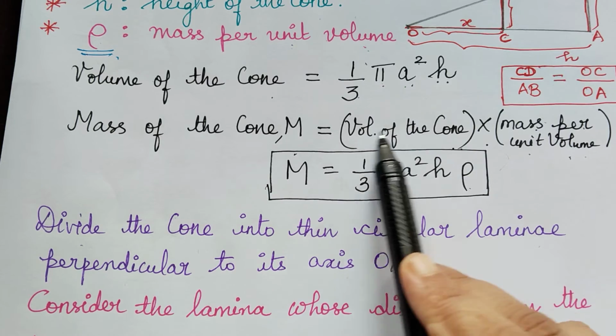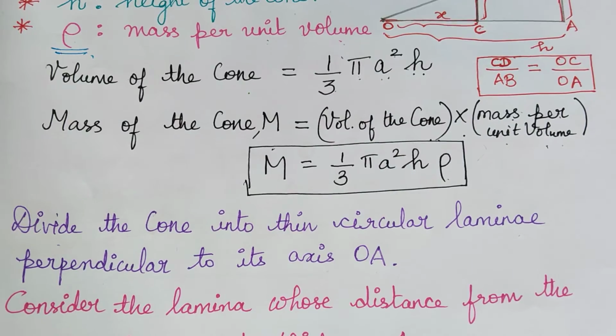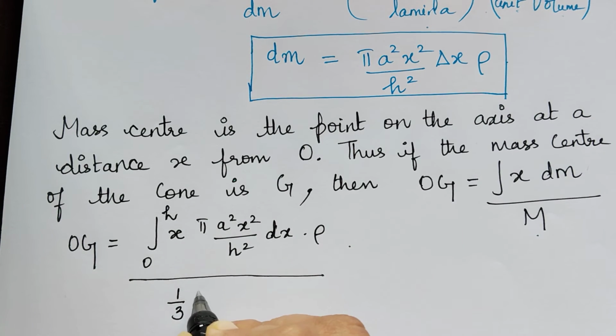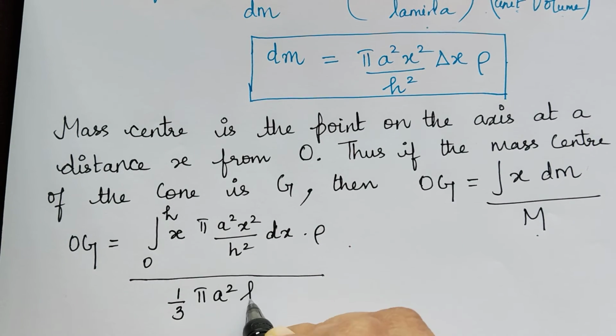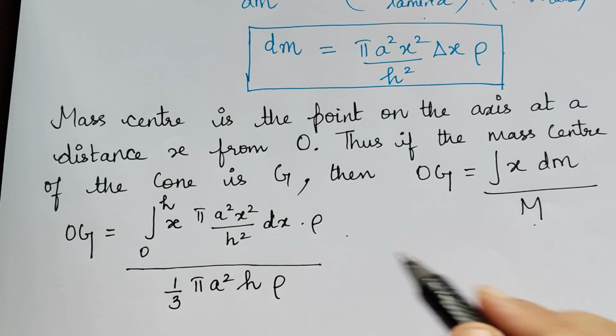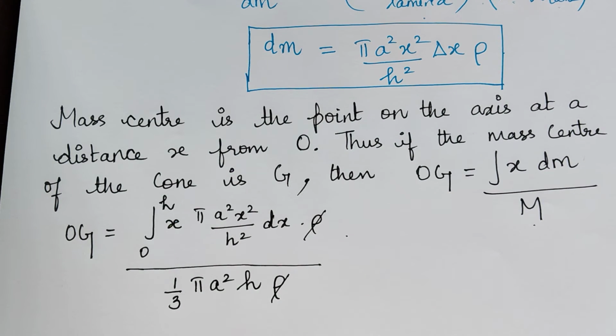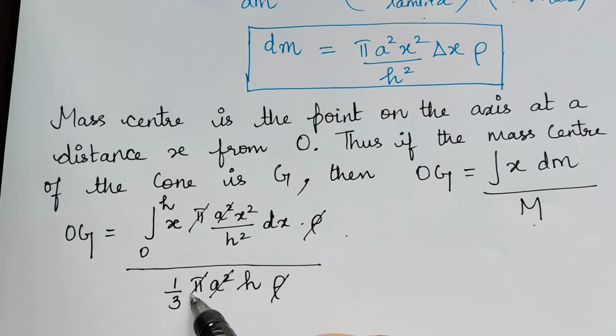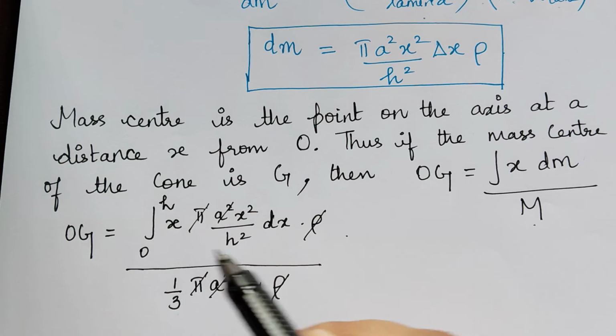So substituting this M over there, we get 1 by 3 pi a square h rho. So we can see that rho and rho get cancelled, then a square gets cancelled, pi also gets cancelled, and this 3 will go to the numerator.